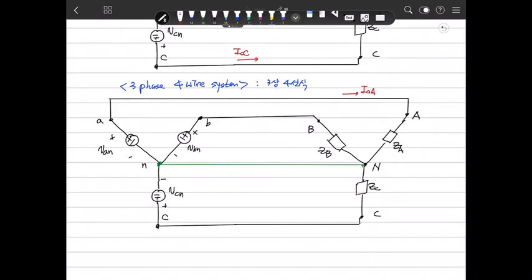This is also Ia, Ib, Ic, but we have one more current, I small n large N. I will give you a written pass like that. So we define the current in this manner.